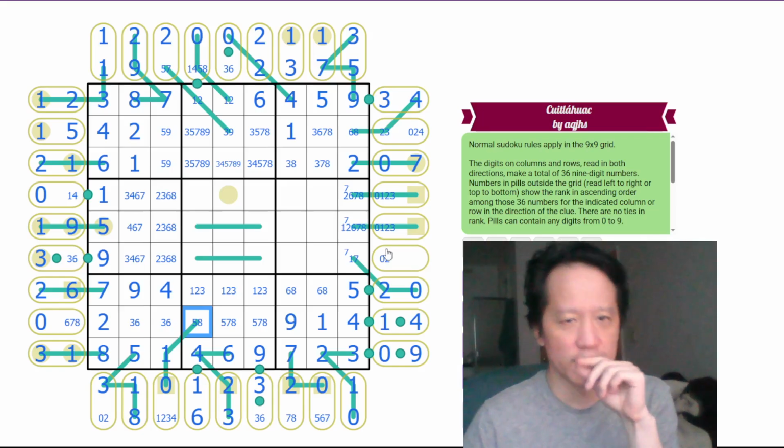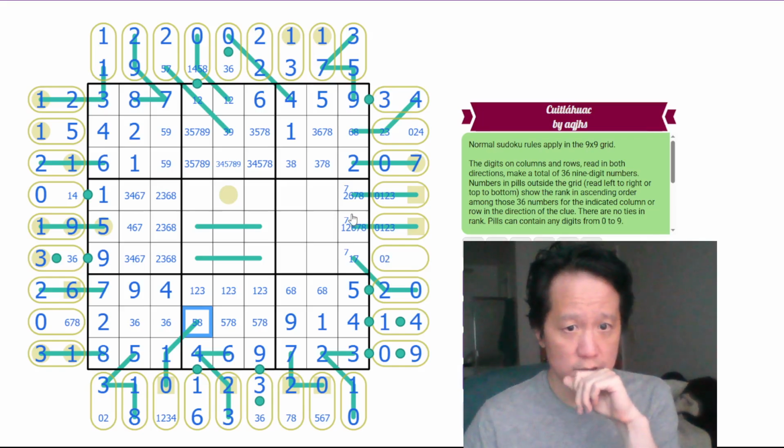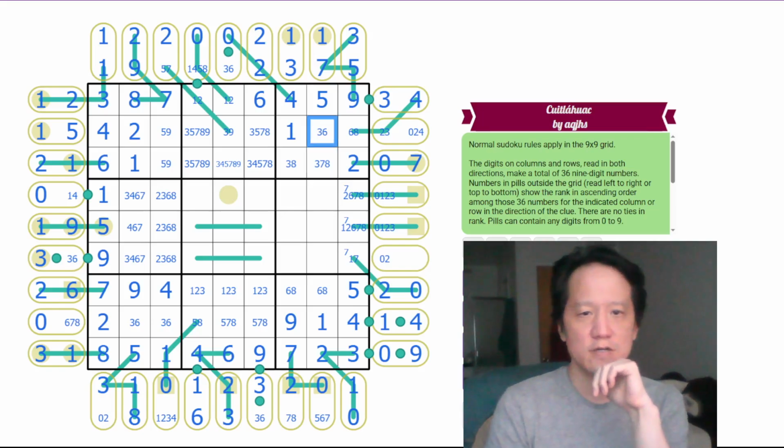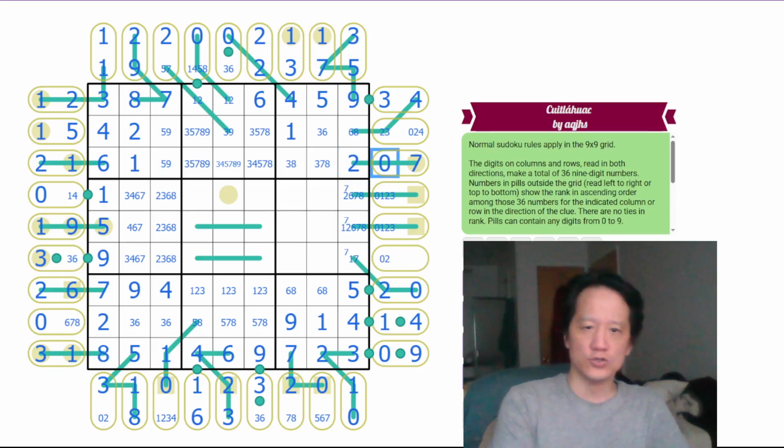Because it's 5 or 8 here. So this has to be less than these two. So it has to be at most a 6 here. So this can't be 7 or 8. This is 3 or 6. This is 2.